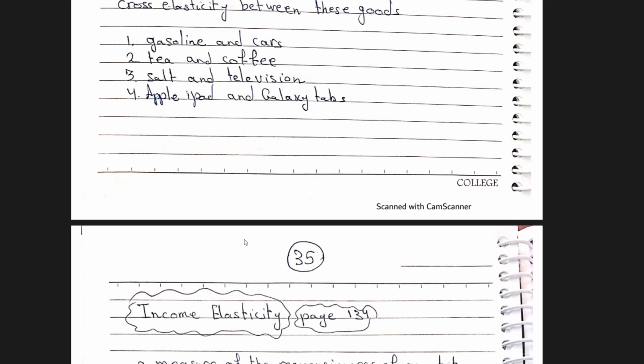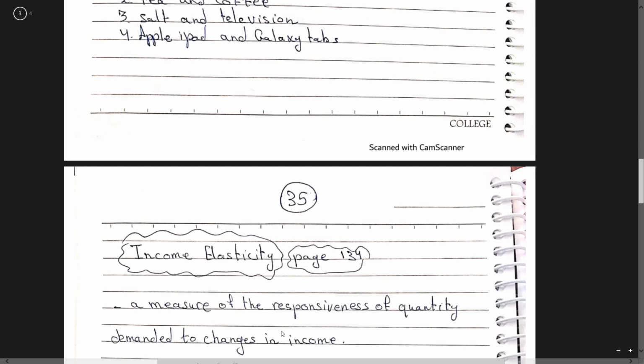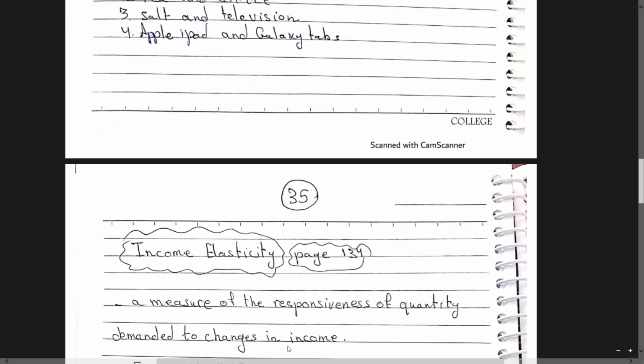And if income decreases, quantity demanded for inferior good will increase. So for inferior good, I have a negative relation between income and quantity demanded. Now here is its definition: a measure of the responsiveness of quantity demanded to changes in income. So I know that it will change, but how much will it change? Here I will measure it by using income elasticity.